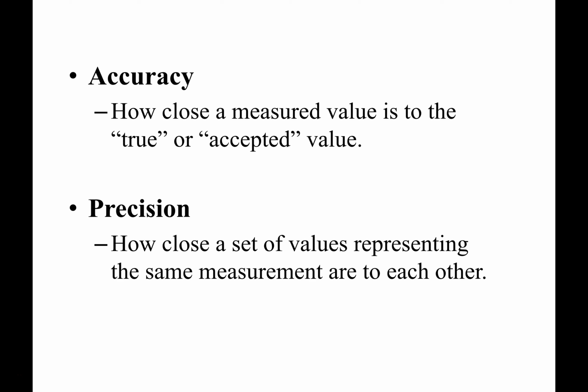Precision is a test of how reproducible your method is. Your method could stink, but if you keep getting the same value, you're very precise but not very accurate. Or you could have a scatter of values that, if you take the average, are right on target. So your accuracy is great, your precision isn't.